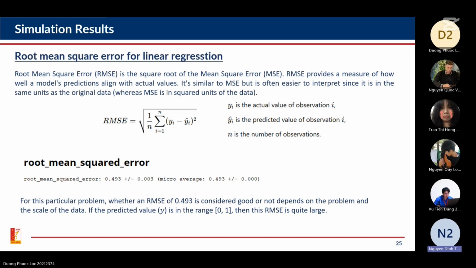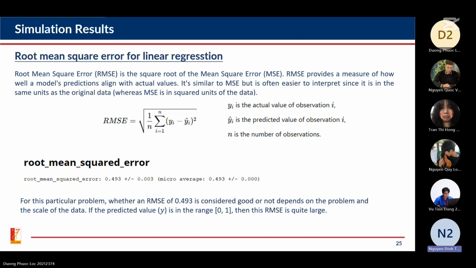Root mean square error provides a measure of how well a model's predictions align with the actual values. It's similar to mean square error, but is often easier to interpret since it is in the same unit as the original data. And here is the formula of root mean square error.